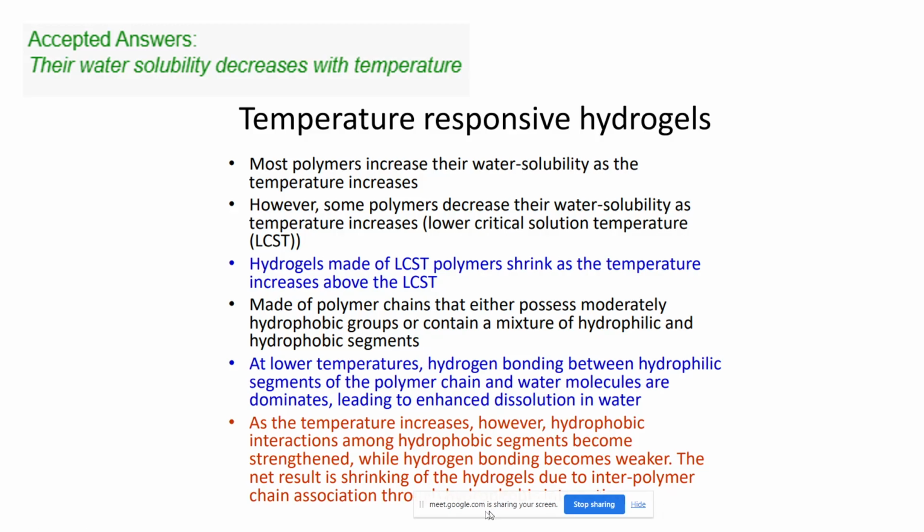Above this temperature, the hydrophobic interactions become more dominant as opposed to the hydrophilic interactions below this LCST, and the hydrogen bonding becomes weaker. So the net result is shrinking of the hydrogels due to interpolymer chain association through hydrophobic interactions.